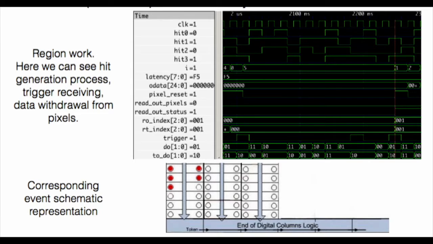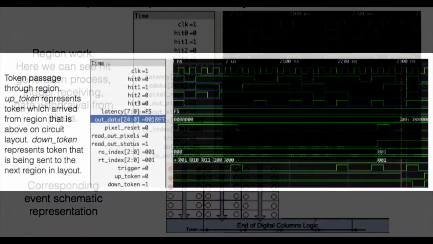When a trigger arrives, the region checks for any latency counters that finished counting, and if there are any, then data from the corresponding pixel DUT memory slots is received and stored, and the region is marked as ready to read out. If the latency counter finished counting and there was no trigger, then the corresponding DUT memory slots on pixels are erased and the latency counter resets.